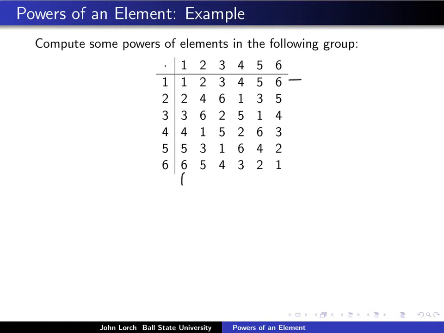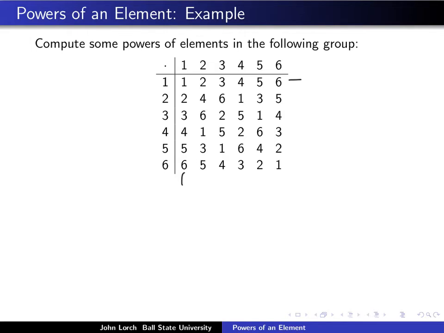In fact, you can also tell that this group is abelian. The way that you can tell that is if you look at the body of this table and reflect across the diagonal that runs from upper left to lower right, then that will preserve the table. So that means that this group is abelian.